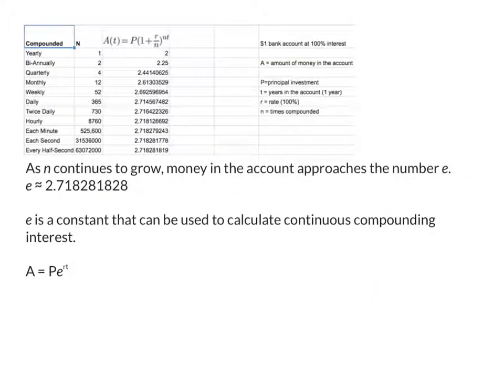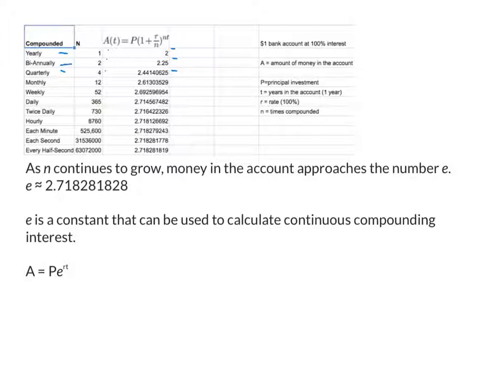Well, instead of having to figure all this out, I created a chart here for you to show how much money we will have after so many times compounding. So you see what we got for yearly, biannually and quarterly, and that's already listed there for us in these 3 spots. So we compounded once, twice, and 4 times.